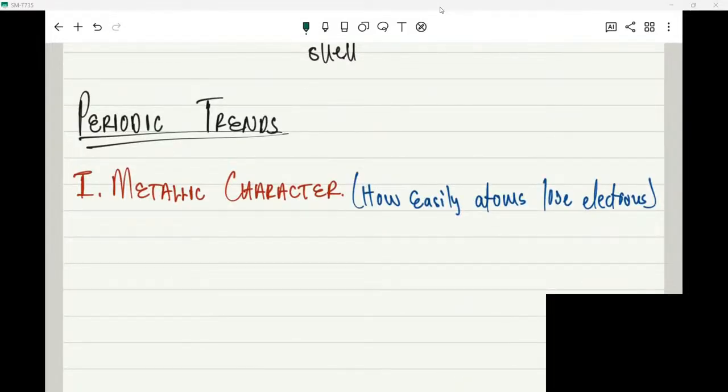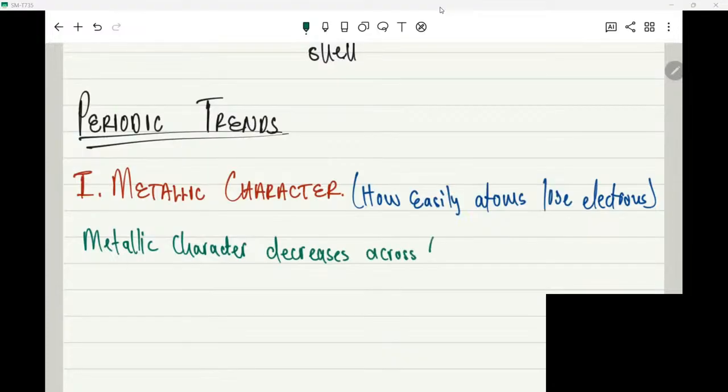So what must you know is that metallic character is how easily it loses. Metals love to lose. Remember that. Metallic character decreases across the period, but it actually increases as you go down the group.